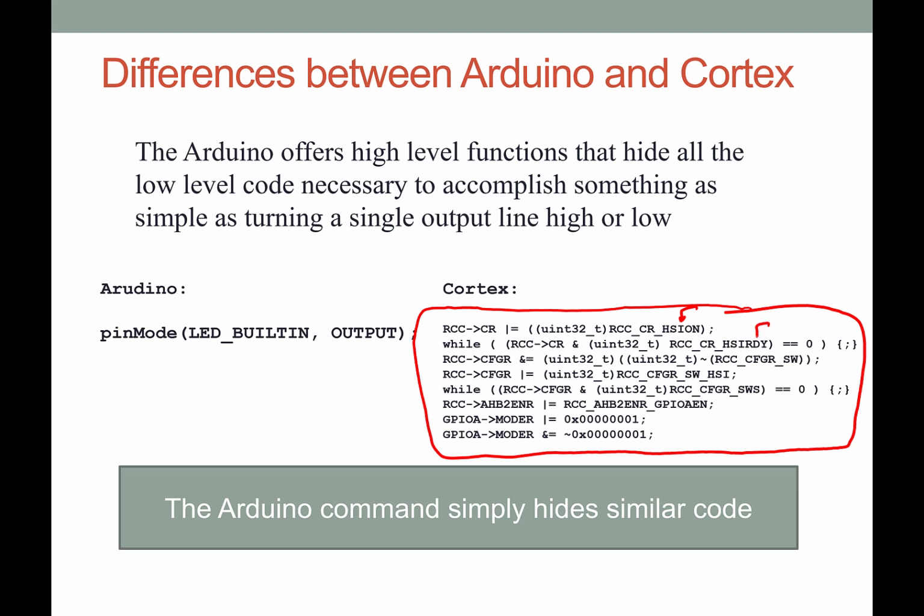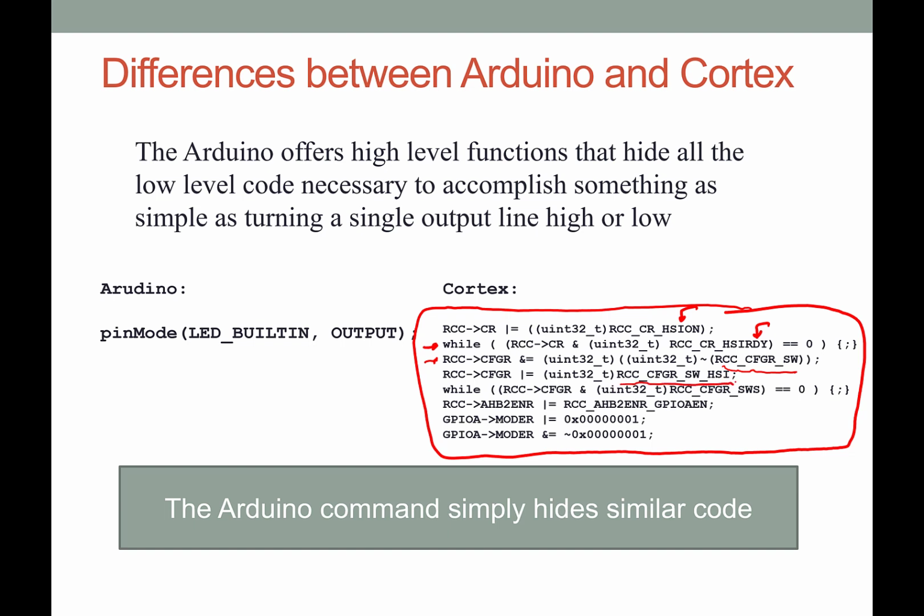Then we have to wait for that clock. After we start, we have to wait until it's ready. What this is doing right here is saying, while it's not ready, keep waiting. Once it is ready, it will go to the next line, and we're going to configure something there, and then configure something here.